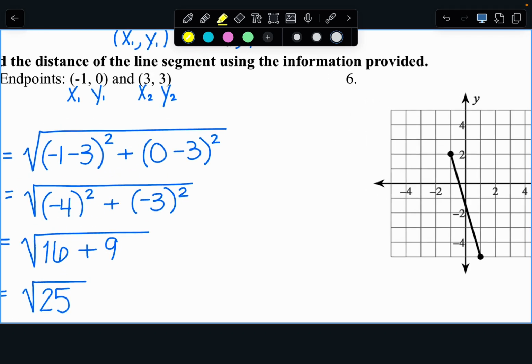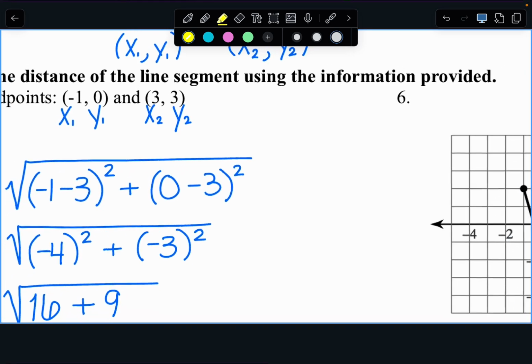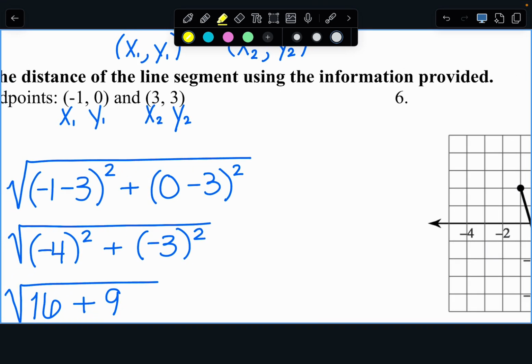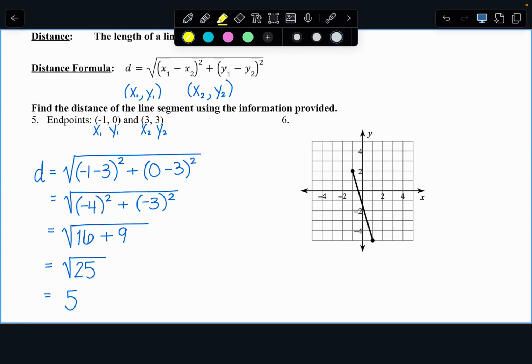It's 0 minus 3. Oh. So again, it's just 0 minus 3. It's always your x minus your other x, your y minus your other y. Okay? Always a minus sign in between.